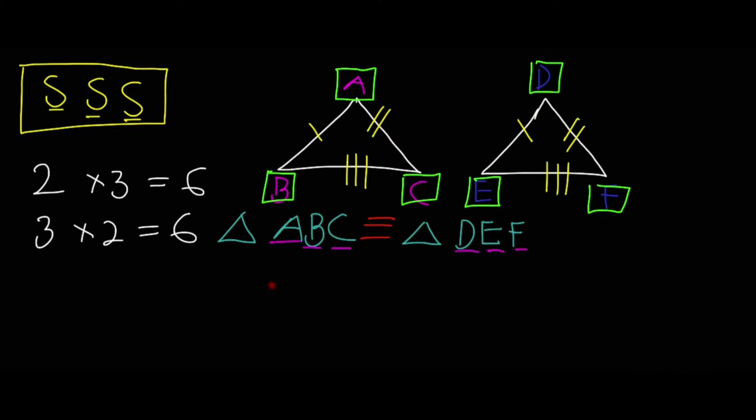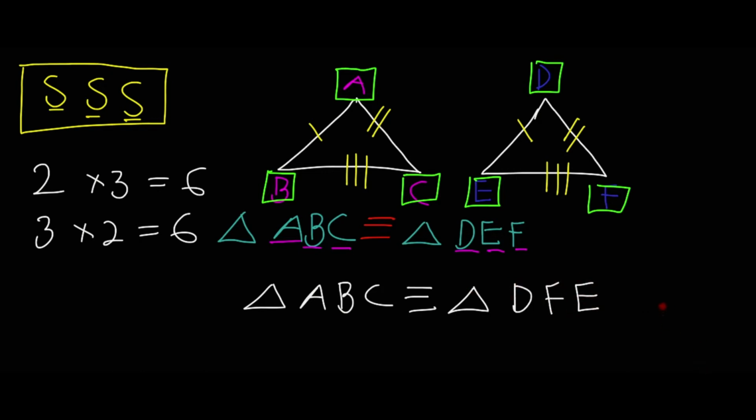If I say triangle ABC is congruent to triangle DFE, this is wrong, because you're saying A corresponds to D, and B corresponds to F, but B does not correspond to F, B corresponds to E. The reason the order is very important is that every letter represents an angle.